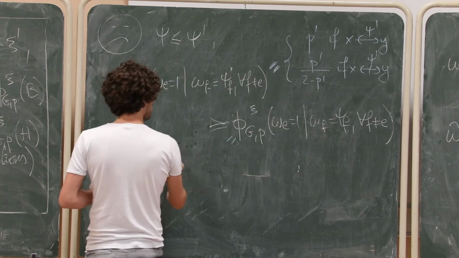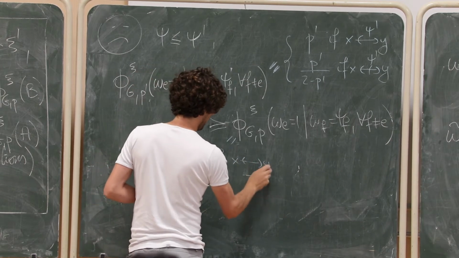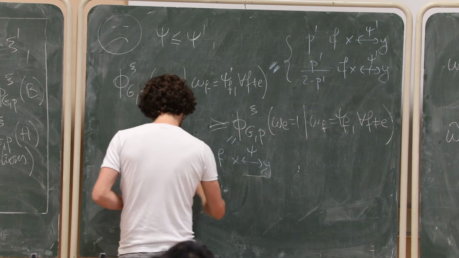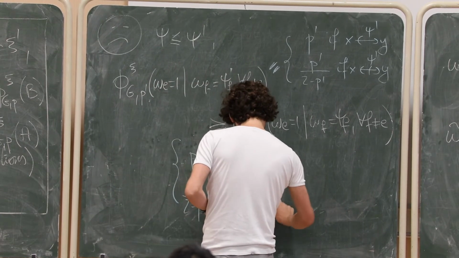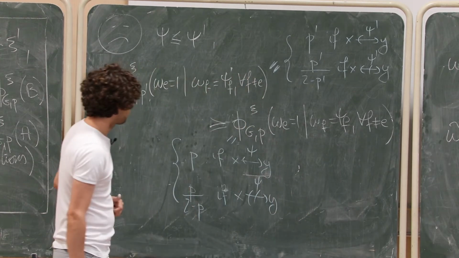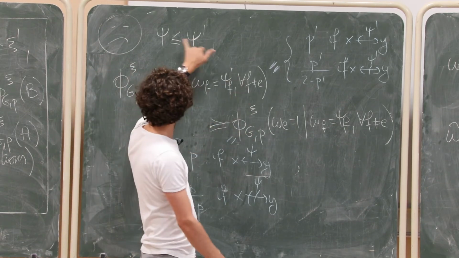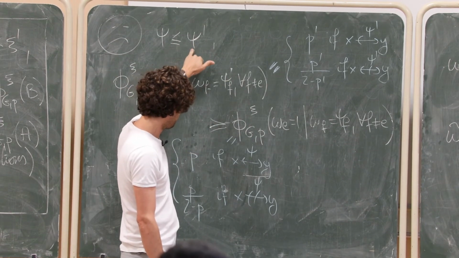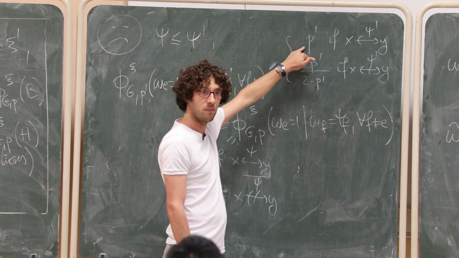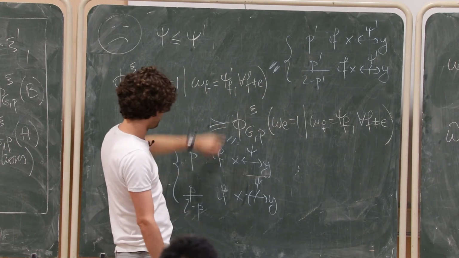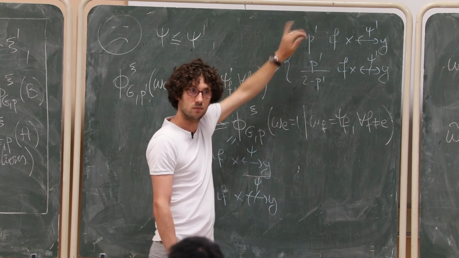Here I said that this is equal to p if x is connected to y in psi, and p over 2 minus p if not. So the only thing that remains to be checked is that since psi is smaller or equal to psi prime, and p prime divided by 2 minus p prime is smaller than p prime, here you automatically always get that this guy is smaller than this guy, right?